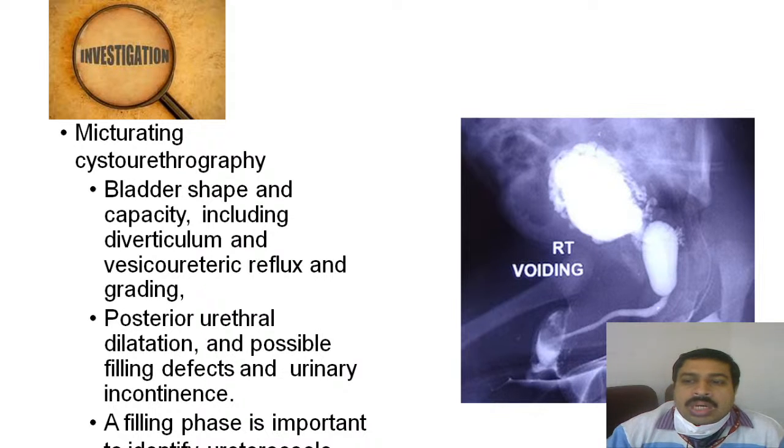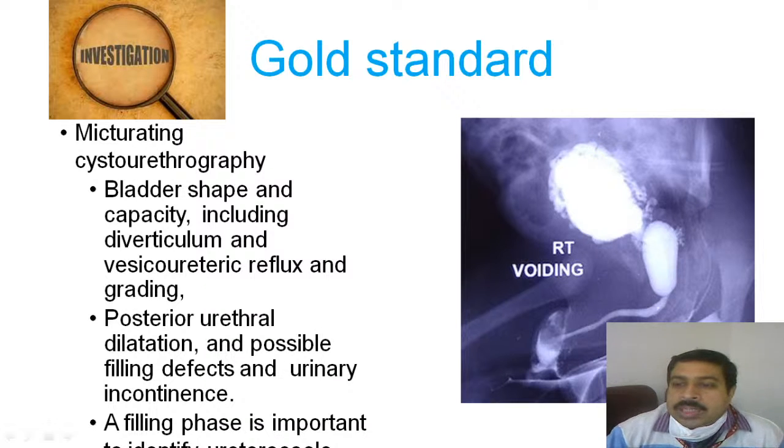What else do we do? This is a gold standard for detection. You can see here the urethra, this is the pendulous or the penile urethra, and this should have continued up in the same manner, but here it is hugely dilated.